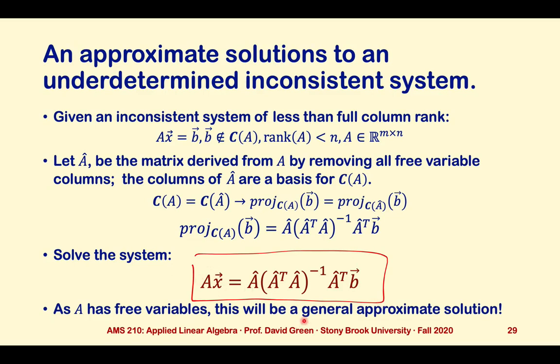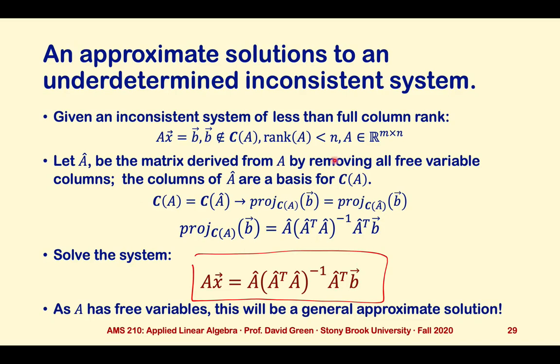What we end up with in this case is a general approximate solution, described by one approximate solution plus the null space. This is quite complicated, a fairly involved process with multiple steps. I wanted to present it here to show that there is a well-defined method to solve these systems.